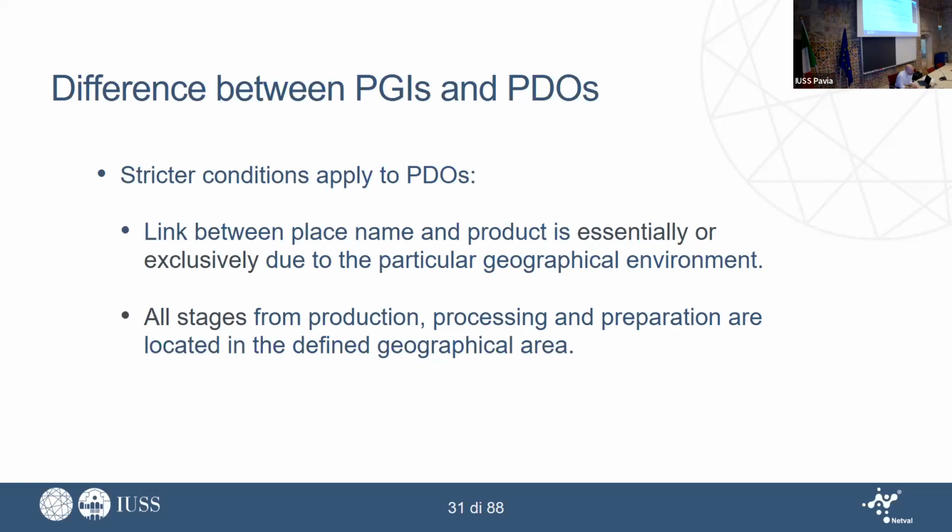So for a PDO, you have to create your product, the entire process should be held in the geographical area. For the PGI, you can grow the grape in the geographical area and produce the wine in another one.